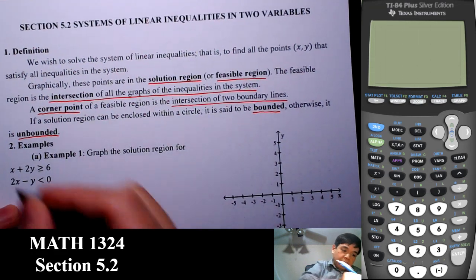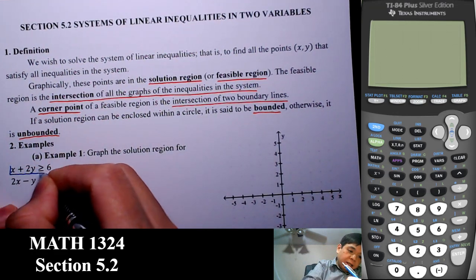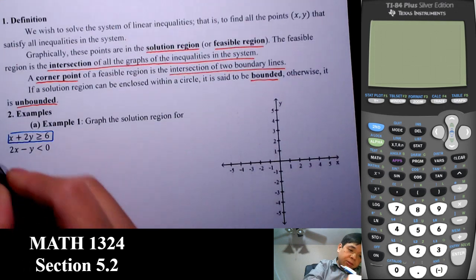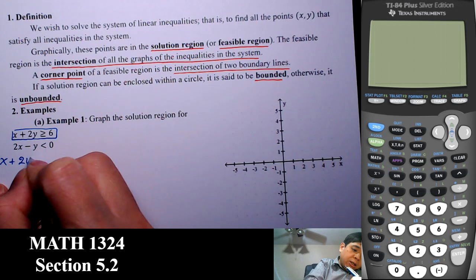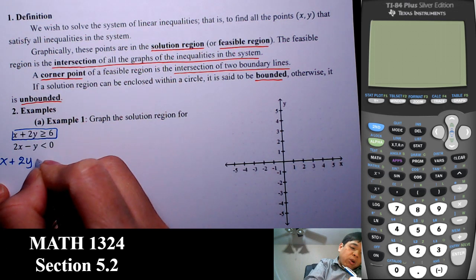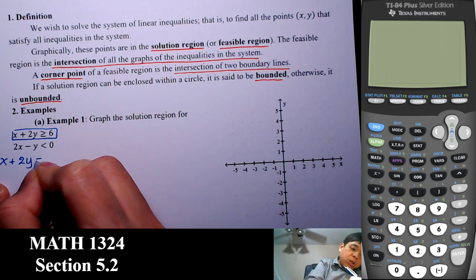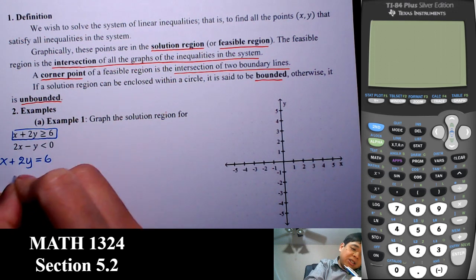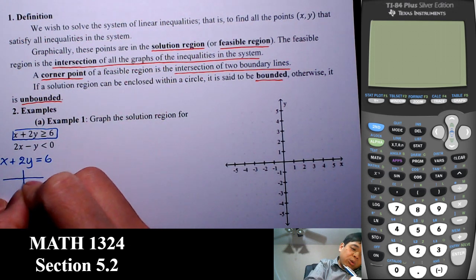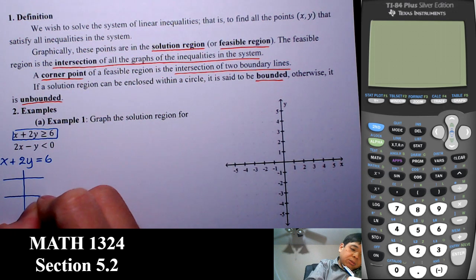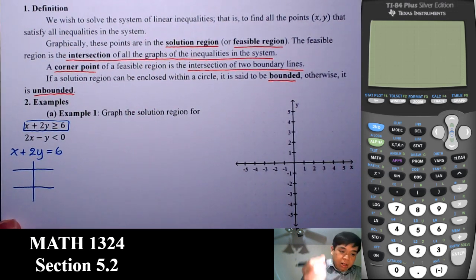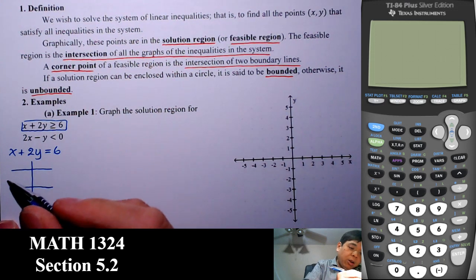Right, so first let's graph x plus 2y, greater than or equal to 6. When we graph it, I'm just going to make it equal to, so it's easier to graph. Graph a line first, and then we test a point.